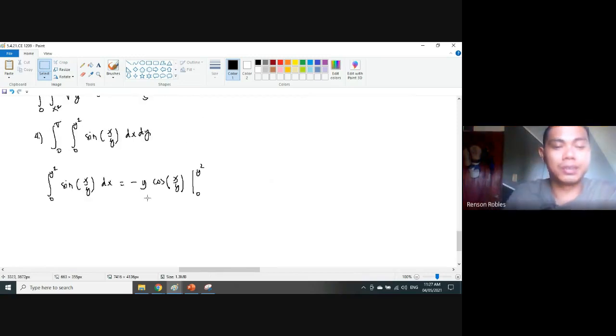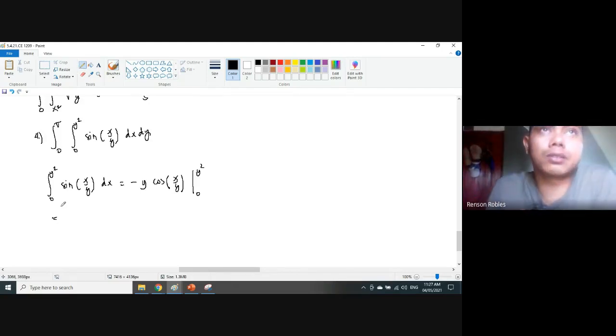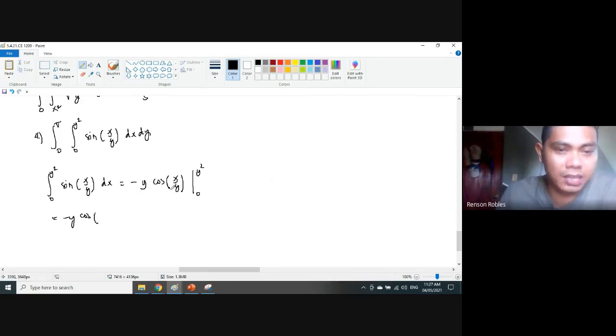And then we just replace x by y squared. Okay, don't get confused about what gets replaced. Always look at the variable of integration, and that's the variable to be replaced by the upper and the lower limit respectively. So that's negative y cosine x, that's y squared, over y.